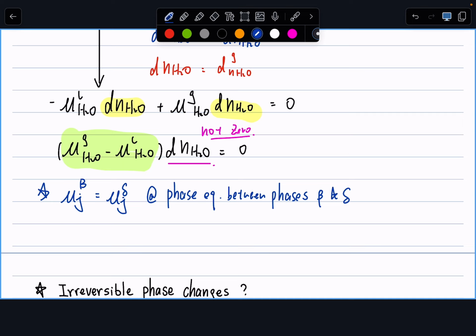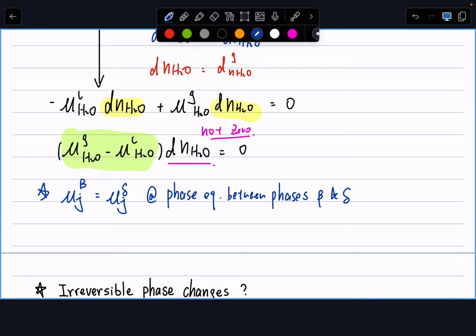Let's add some of the previous concepts we must have: constant T and P, a closed system, thermal and mechanical equilibrium. Those are the assumptions you need to keep. Nevertheless, the chemical potential of the substance in two different phases must equal each other when we have phase equilibrium.